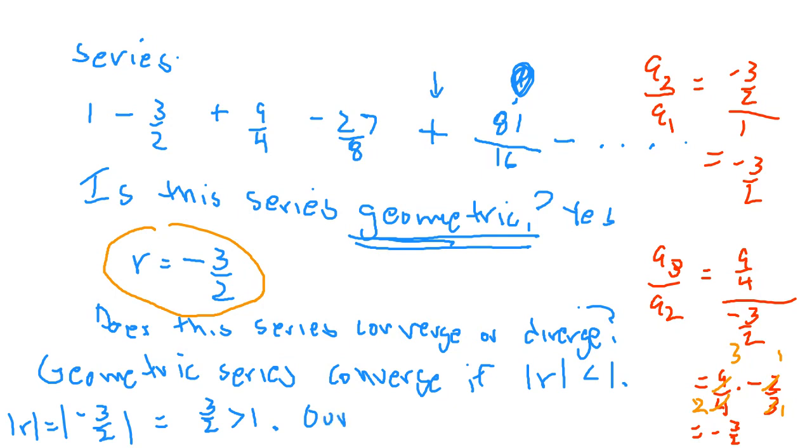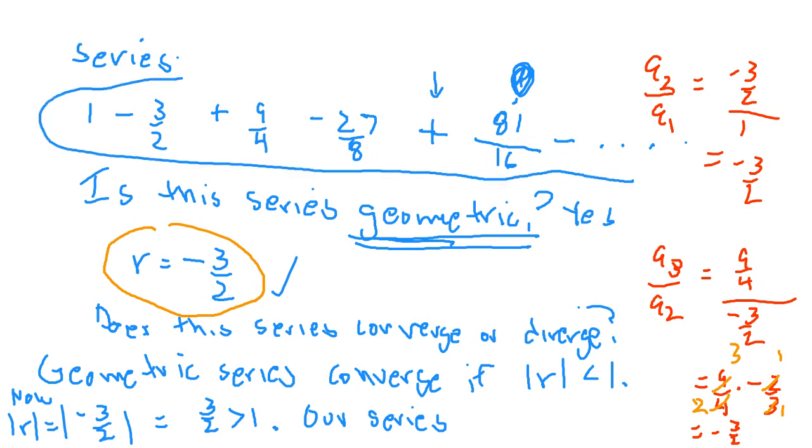So our series, the absolute value of -3/2 is 3/2. That's greater than 1. So our series, this series here, what does it have to do? What's it going to do?